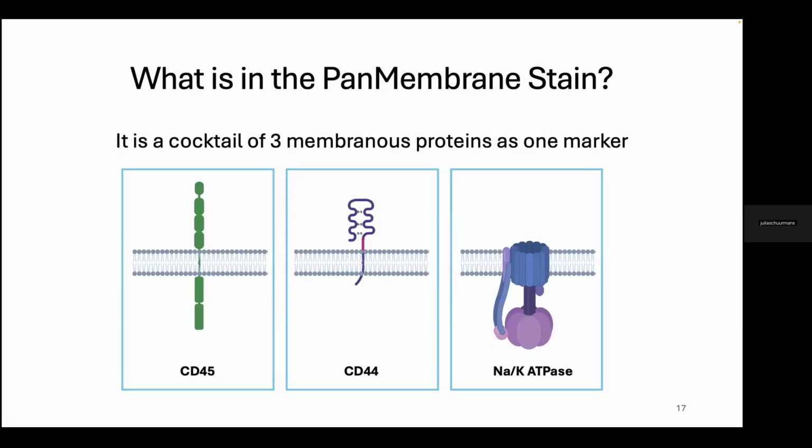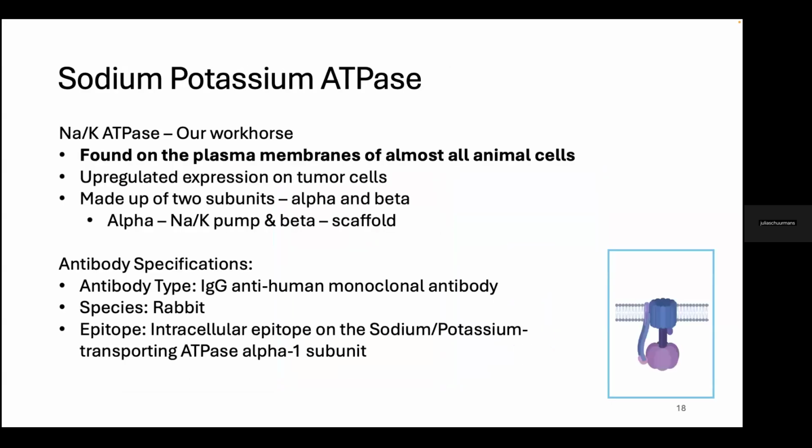How was I able to create a cocktail that will get all of these cells to be on current panels? Well, the PanMembrane stain is a cocktail of 3 different protein markers. It is 3 different antibodies to 3 different proteins. And those 3 proteins are CD45, CD44, and a sodium potassium ATPase. And I'll walk you guys through each one individually now.